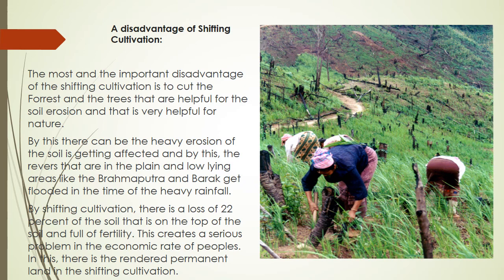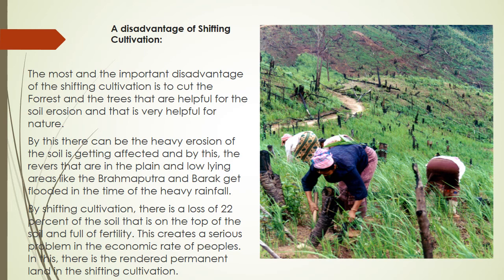Now, what are the disadvantages of this cultivation? The most important disadvantage of shifting cultivation is that it cuts the forest and trees that are very helpful for preventing soil erosion, and very helpful for nature also. This is the biggest disadvantage.